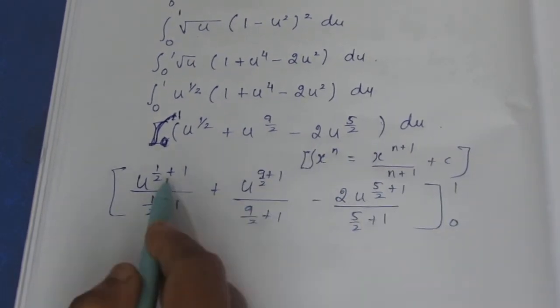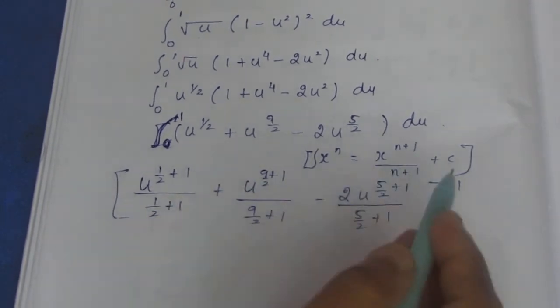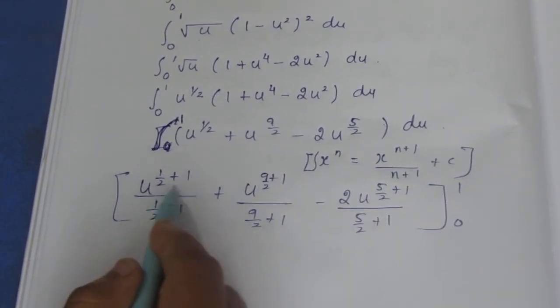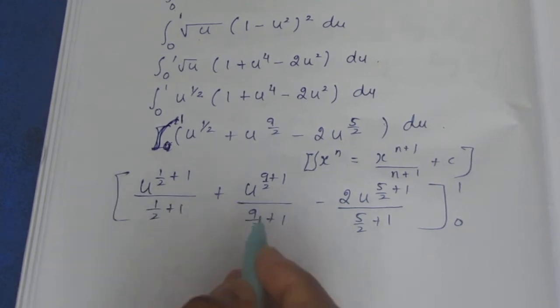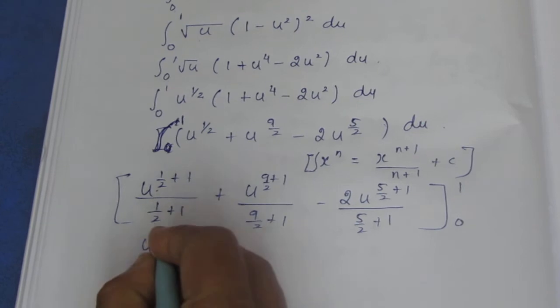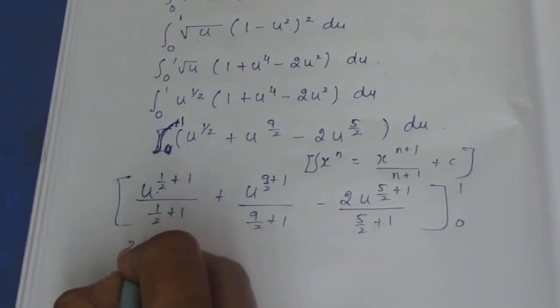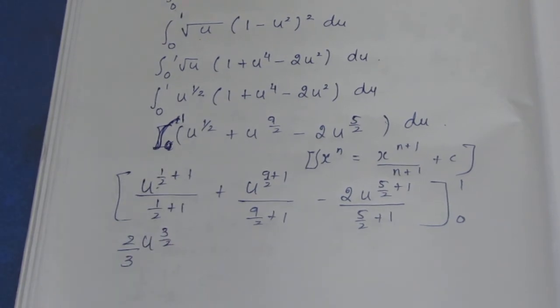Now you can substitute the value after solving this, or directly substitute the value. But anyway, let me solve it so that it will be easy for us. Yeah, this becomes 3 by 2. So u power 3 by 2. In the denominator also we will be getting 3 by 2, and taking it to the numerator as a reciprocal, it becomes 2 by 3.